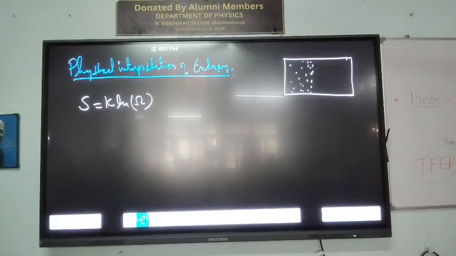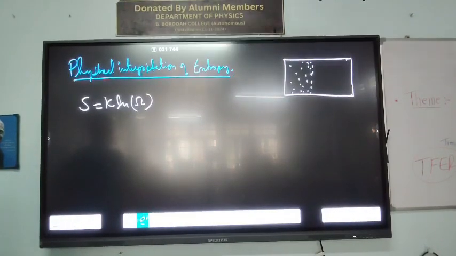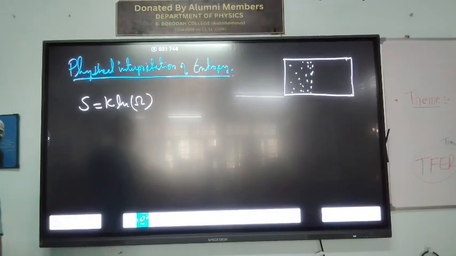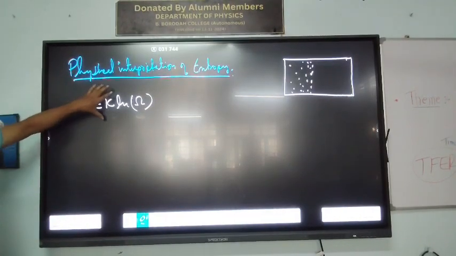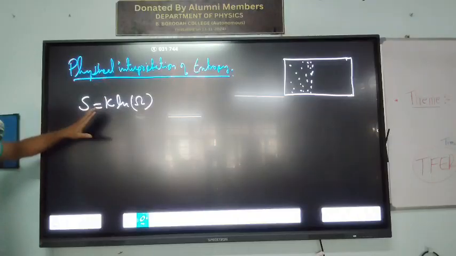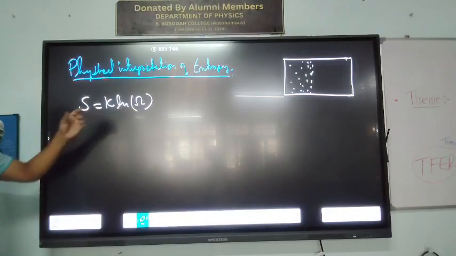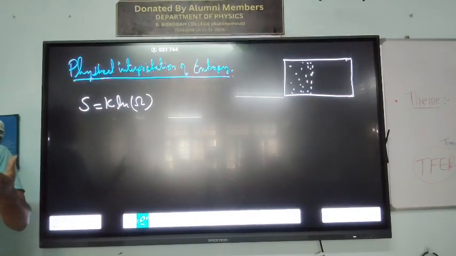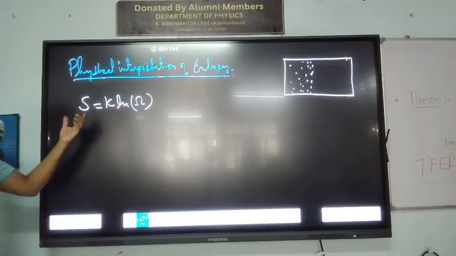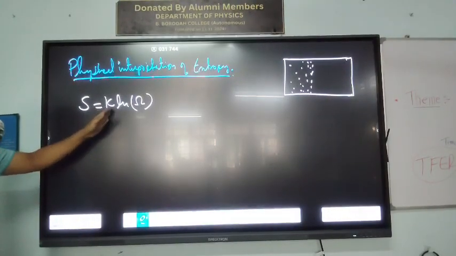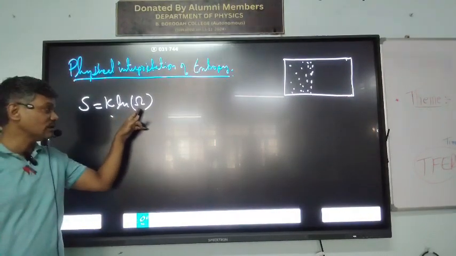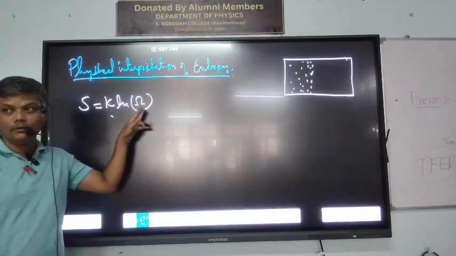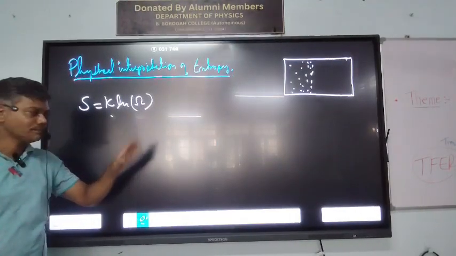So it is not a joke. The physical interpretation of entropy came 20 years after its invention. Before that, people could not understand what entropy is. Only after Boltzmann gave the expression S equal to k ln omega were people able to understand or visualize entropy. Here k is the Boltzmann constant, and omega is called the probability.